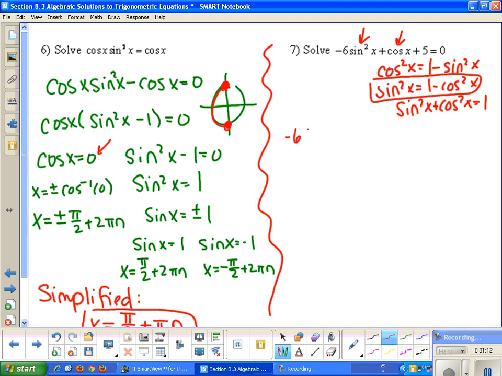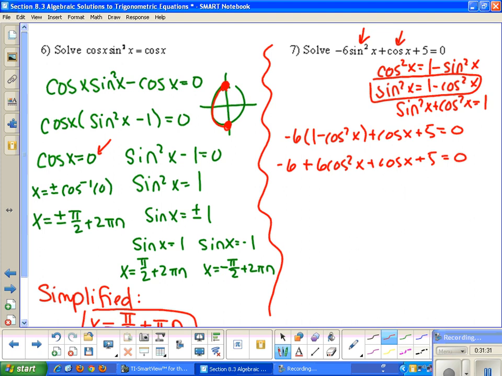So I have -6 times 1 minus cosine squared x plus cosine x plus 5 equals 0. So I'm going to distribute the -6. So -6 plus 6 cosine squared x plus cosine x plus 5 equals 0. Combine like terms. So 6 cosine squared x plus cosine x minus 1 equals 0.